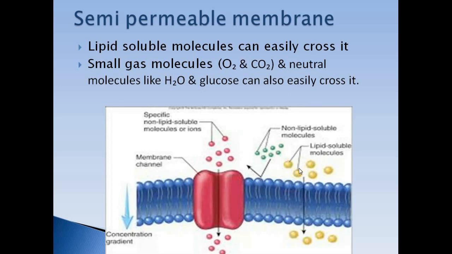So molecules which are smaller in size and neutral, for example oxygen, carbon dioxide, water and glucose molecules, can easily cross through the plasma membrane. But ions or larger molecules which are not soluble in lipids cannot cross the plasma membrane.